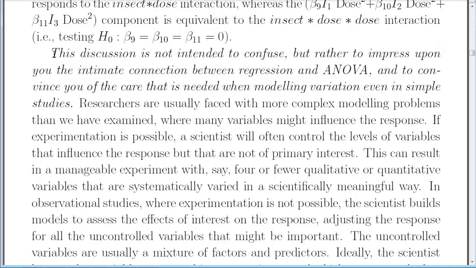I recognize that me trying to describe this quickly in this video format might be confusing, and of course that's never my intention, but there is a relationship between being able to model these things using, say, analysis of variance, where we had a two-factor, two-way ANOVA in a previous chapter, or whether you want to treat these variables as continuous and use regression modeling.